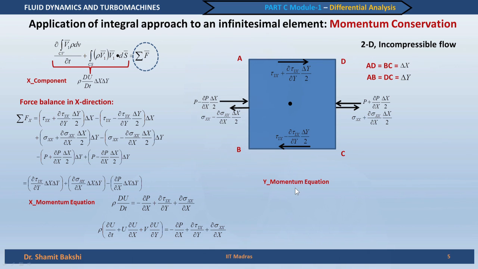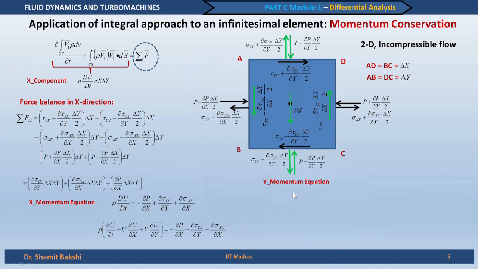In the y momentum equation, we have the shear stresses acting on the surfaces which are perpendicular to the x axis, and then the normal stresses acting on the y planes on both sides of the control volume, and the pressure forces. So it is very similar, only acting in a perpendicular direction, with the difference that here we also have rho into g, that is the weight of the fluid inside this control volume.